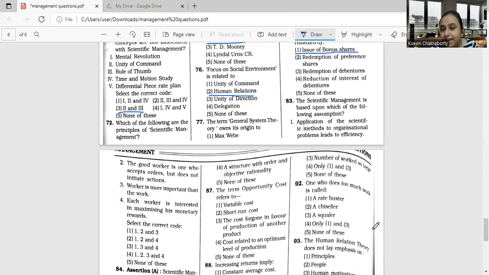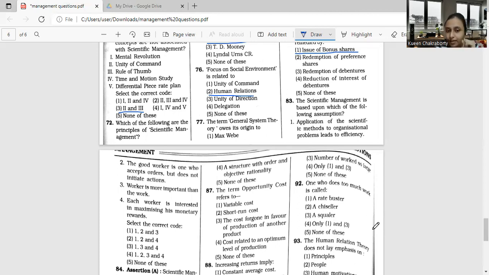Now see, scientific management has been thought of broadly as the application of the scientific method of study, analysis, and problem solving to organizational problems. There are a few assumptions to it. Firstly, improved practice will come from the application of the scientific methods of analysis to organizational problems.